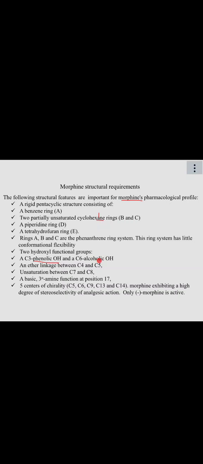As you have seen, we can say with certainty already, the hydroxyl group is not needed for activity in the derivatives, because the morphinans do not have a 6-hydroxyl group and have better activity than morphine. We also need the ether linkage between carbon 4 and carbon 5, and we have seen that, the unsaturation between carbon 7 and carbon 8, and a basic tertiary amine function at position number 17. So these are the structural requirements for morphine itself.